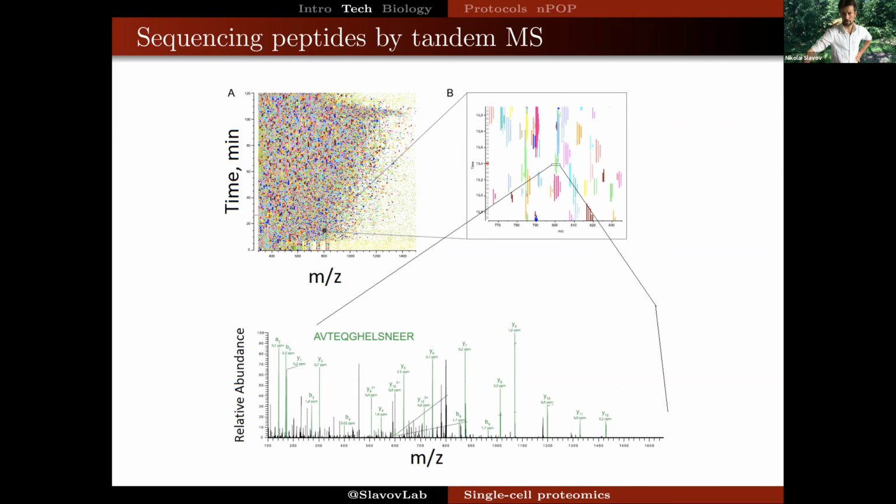So one of our dimensions here in panel A is simply the separation, the time when peptides elute from the chromatographic column. Then we can measure the mass over charges of all of the eluting peptides with very high resolution, very high accuracy. And peptides appear as these isotopic clusters shown here in the blow up to the right.